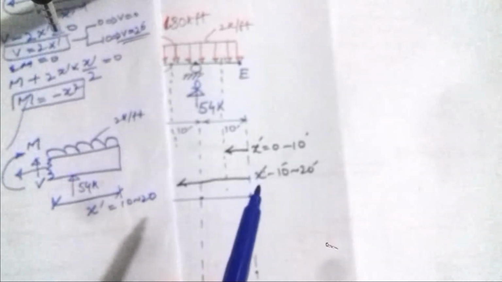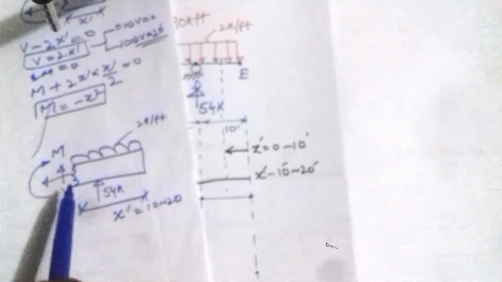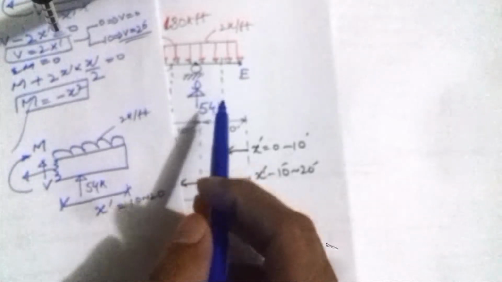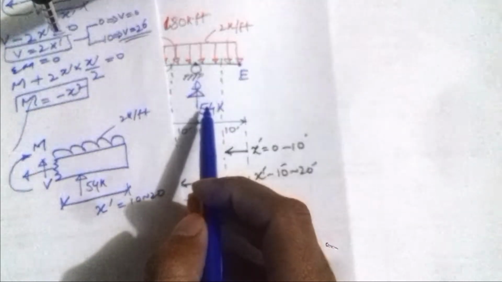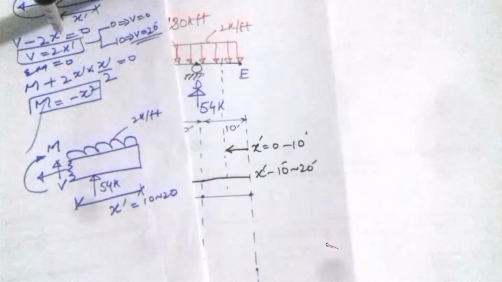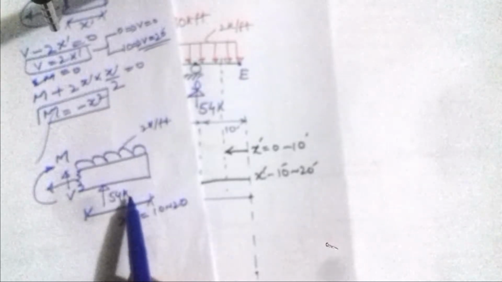It is very important that when you are drawing the free body diagram of the section, you must include, and not miss, any of the external forces, because if you miss any force, then your answer will be wrong. So here I have this segment.